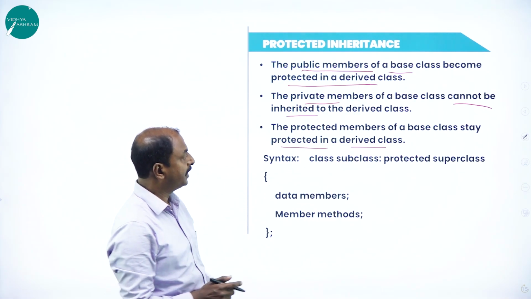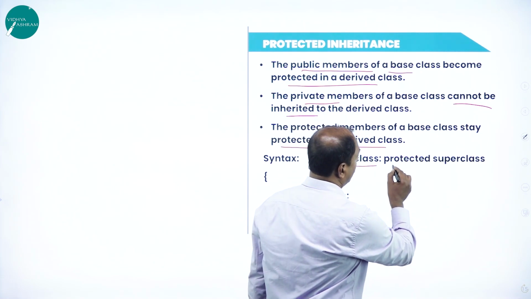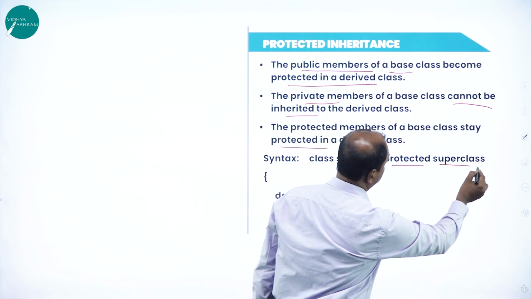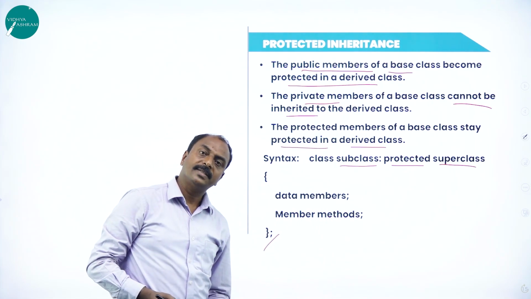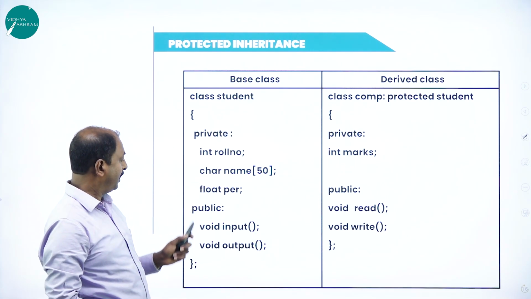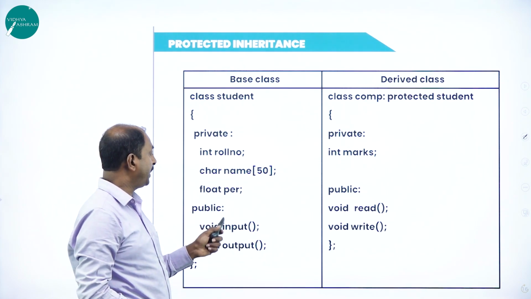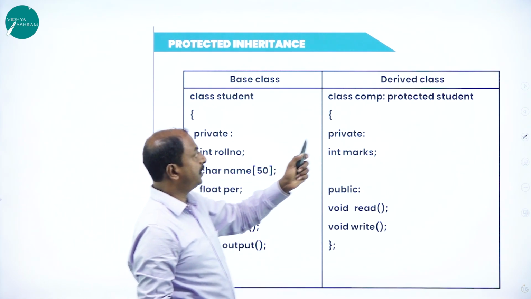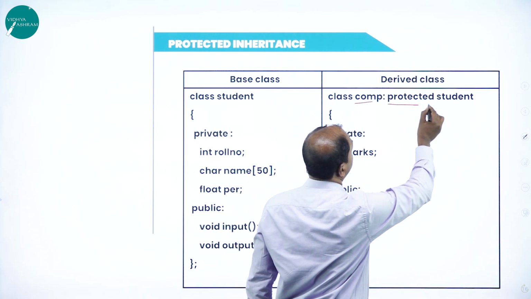Again, the syntax is the same: class, the derived class name, visibility mode plus base class, and data members, and this class ends with a semicolon. Look at the example: the base class student ends with a semicolon, with private data members and member functions. And here is the derived class, where the visibility mode is protected.